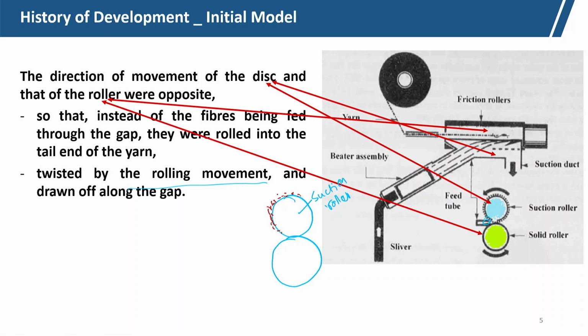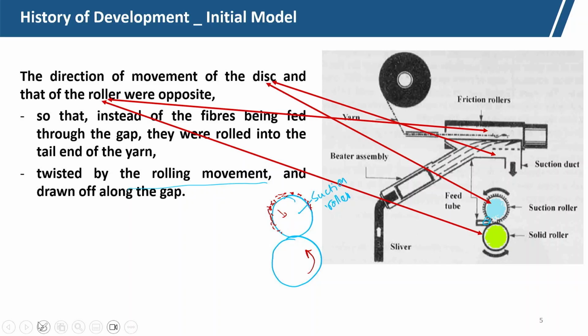The suction roller attracts the fiber due to the suction arrangement, and this is rotating in the anti-clockwise direction, and this is rotating in the clockwise or opposite direction.